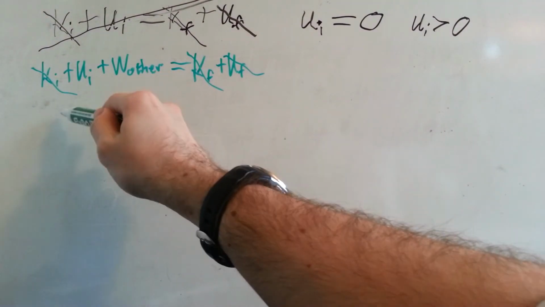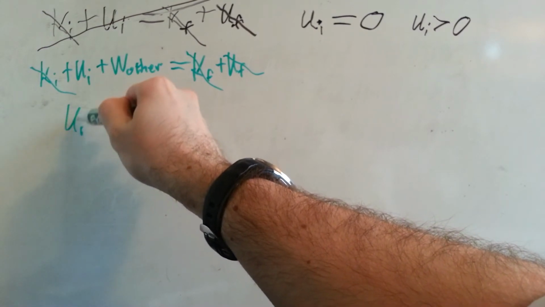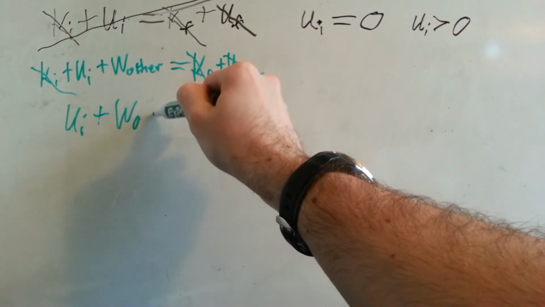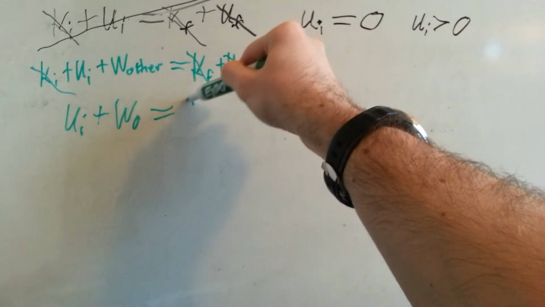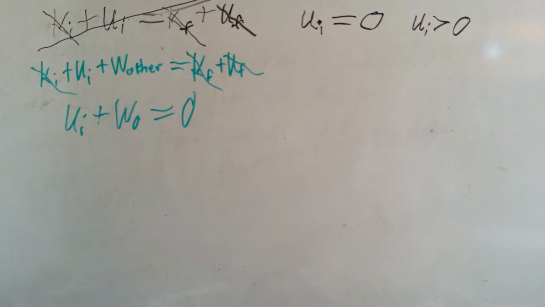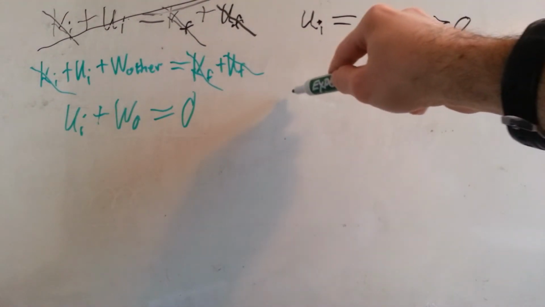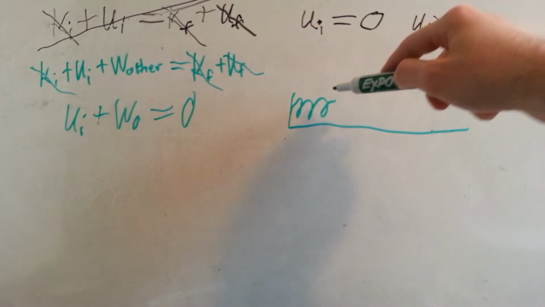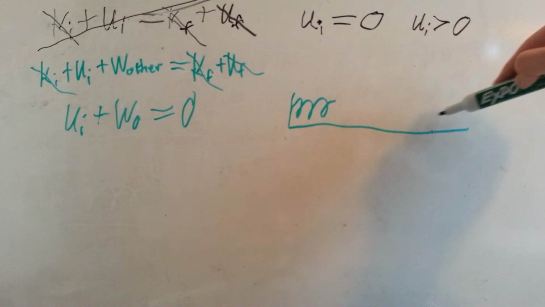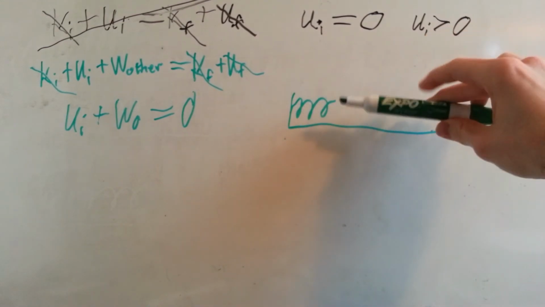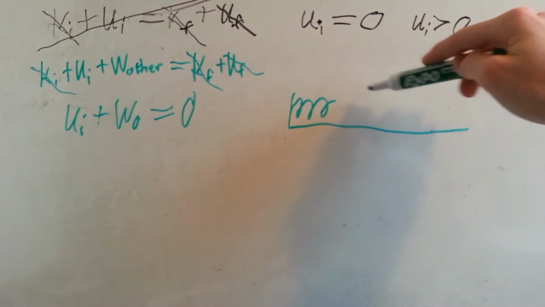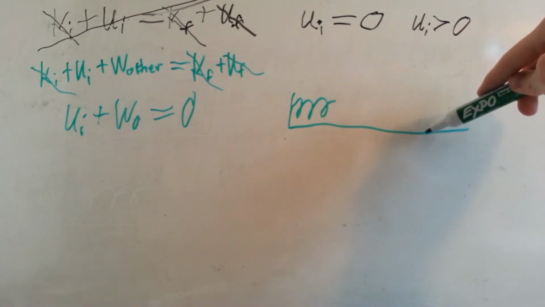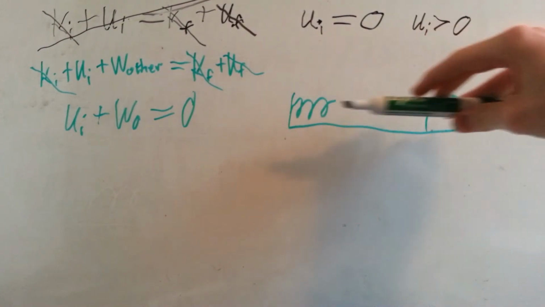So U sub I plus W other is equal to 0. That makes sense, right? Because we had the potential energy stored in the spring, and then it pushed the block, converted it to kinetic energy, so it slid, and then came to rest, just completely stopped.